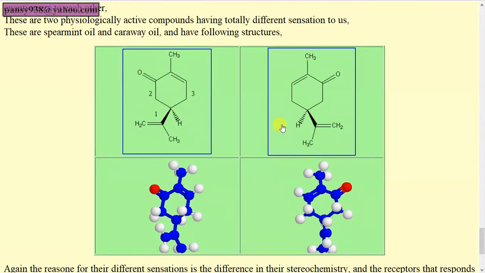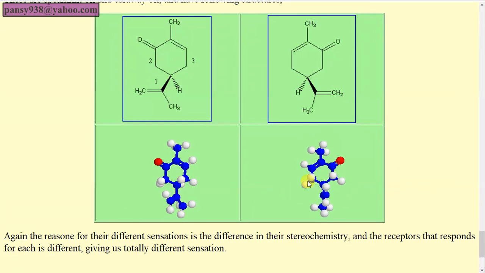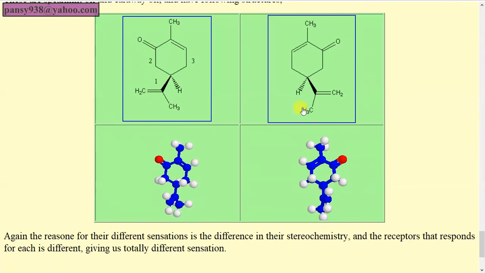You can compare the character in 2D as well as in the 3D forms. And you see that both have different structures in three dimensions, and you can also very easily differentiate them in their two-dimensional representation.